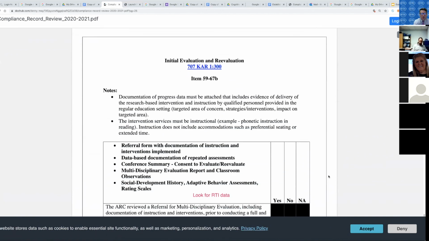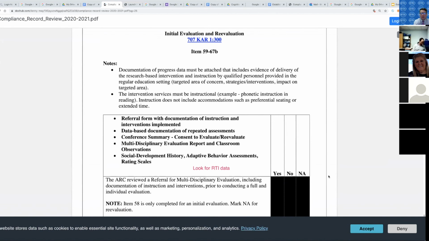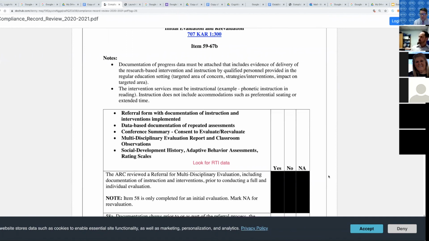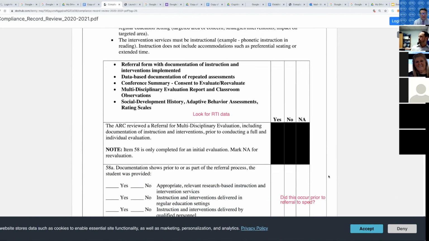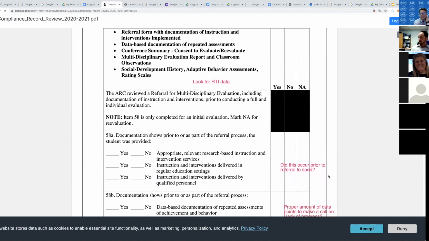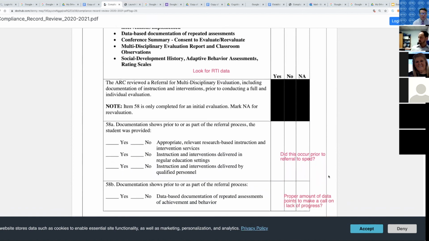So this all has to do with documentation around progress data that must be attached that includes evidence of delivery of research-based interventions. This all has to look at the RTI data, I'm saying, on the annotation. And so 58A says the ARC reviewed a referral for a multidisciplinary evaluation, and they included documentation of instruction and intervention prior to conducting a full and individual evaluation.